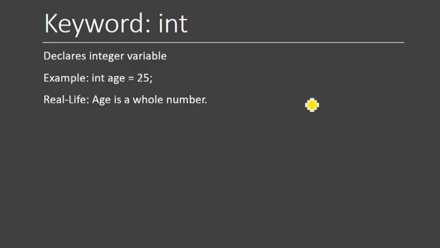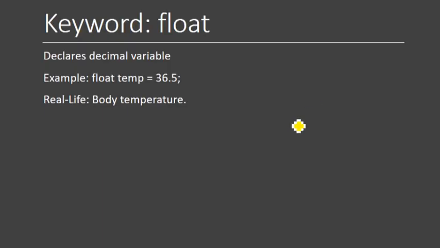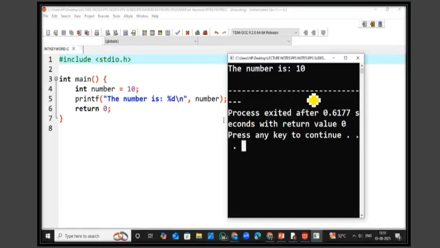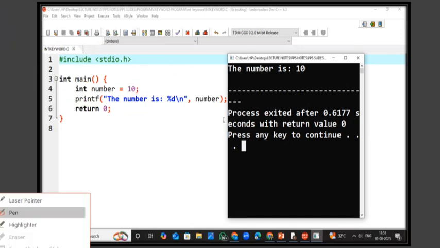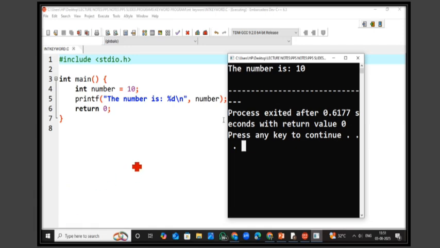There are some examples I have given here. This is an integer keyword, which is used to store integer values only. So int is a keyword which represents the integer data type, and return is also a keyword.